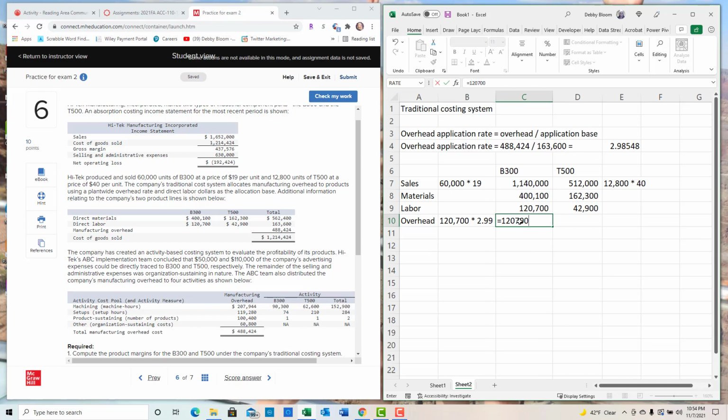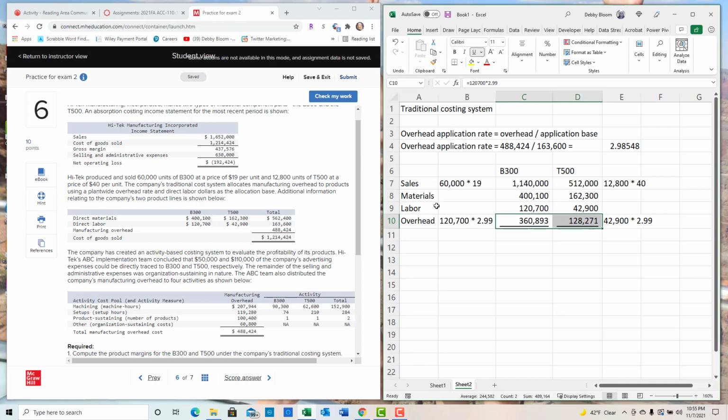I get 360,893. And for T500, I'm going to take the labor dollars of 42,900, multiply that by the rate of $2.99, and I'm going to get 128,271.